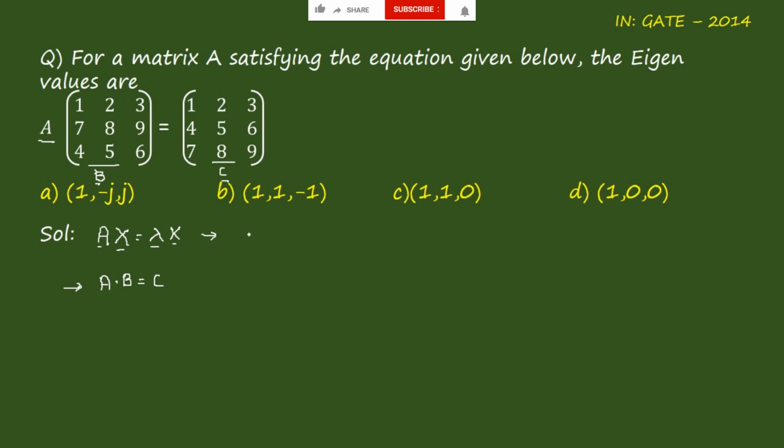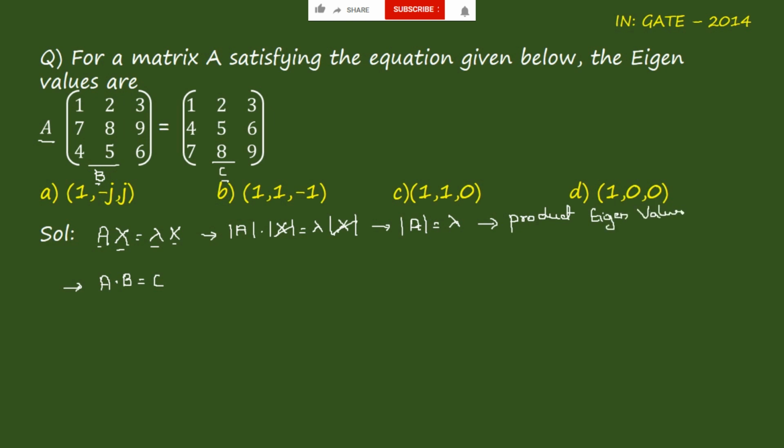If you find the determinant of this equation, determinant of A into determinant of X is equal to lambda, a scalar value, into determinant of X, right? So these two values get cancelled. So we can say that the determinant of matrix A is equal to lambda. Yes or no? We know that the determinant of matrix A is the product of the eigenvalues, right?